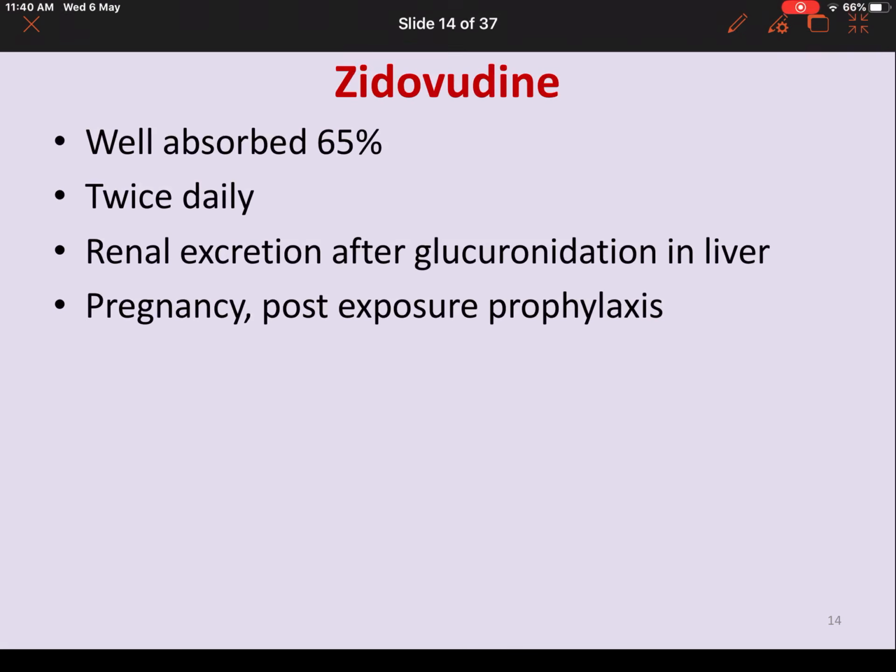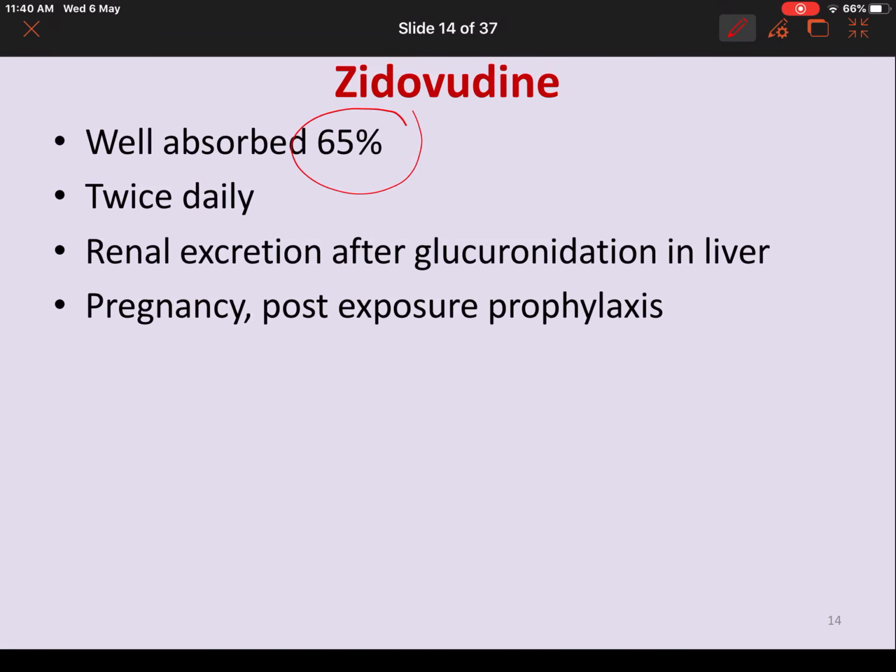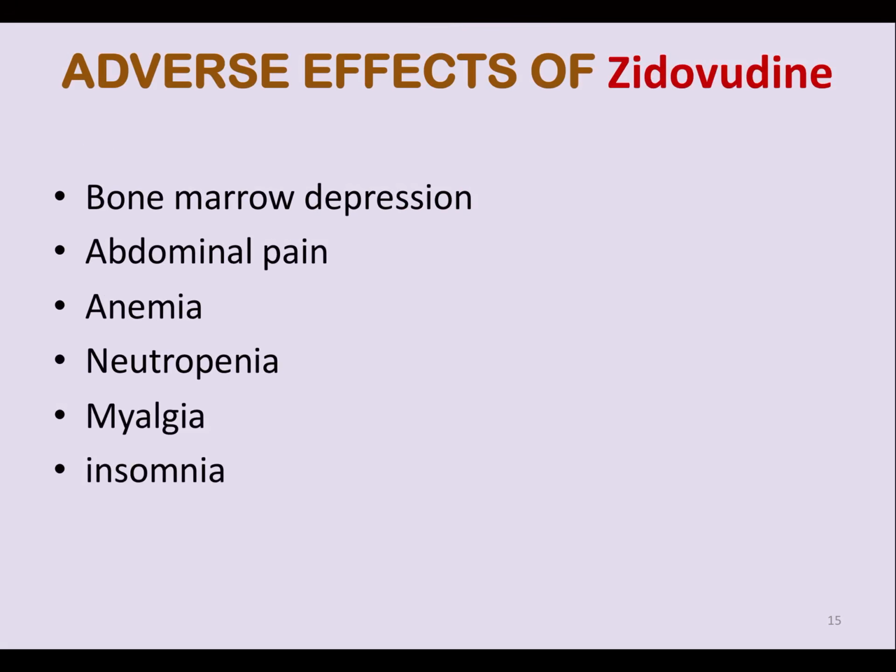Zidovudine is orally absorbed. Bioavailability is around 65%. It's given twice daily. It is metabolized by glucuronidation and is excreted by the kidneys. It is given in pregnancy. It is effective as post-exposure prophylaxis also.